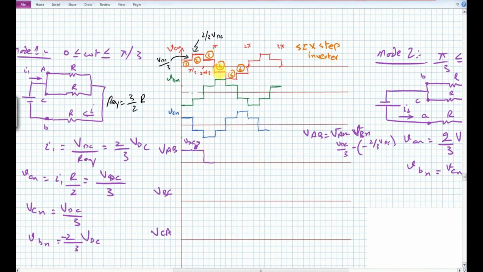For the negative half cycle of this VA of n, we have minus VDC by 3, and for this VB of n we have 2 by 3 into the VDC. So if we sum up these two things, they will ultimately provide me again a value equal to VDC for this much amount of time.